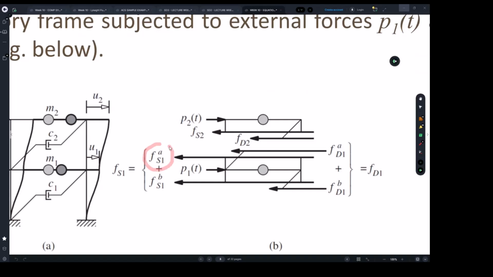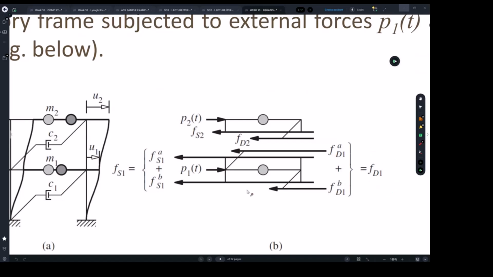That's why we have FAS1 and FBS1, which come from the columns at the upper floor and the lower floor, and that gives one elastic resistance. Same thing for damping. We have damping upstairs and damping downstairs, and they're going to give us both the overall damping force.